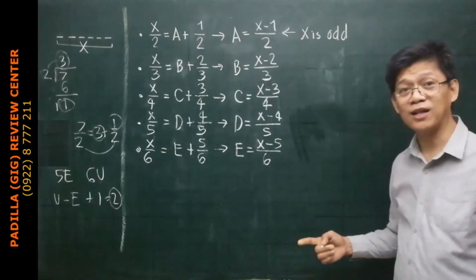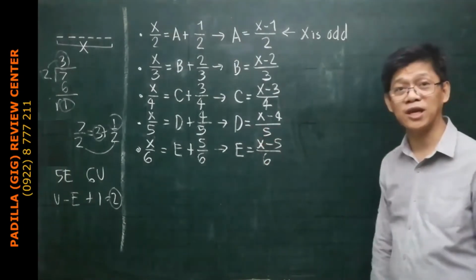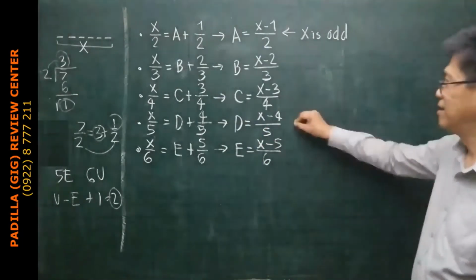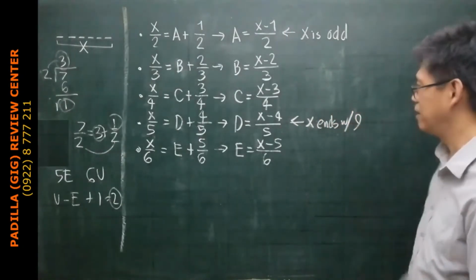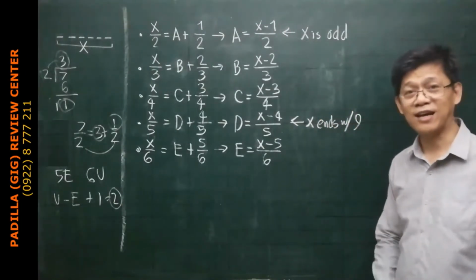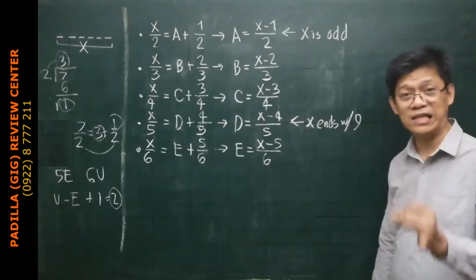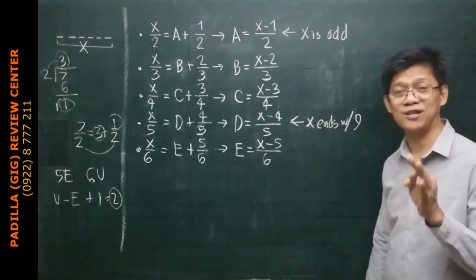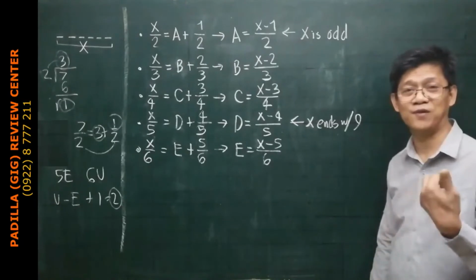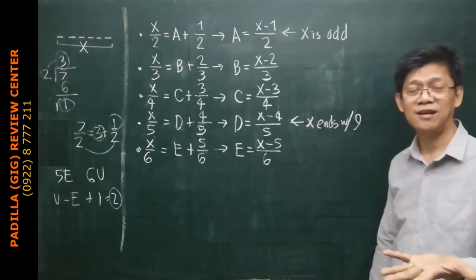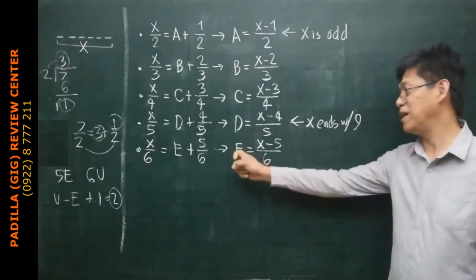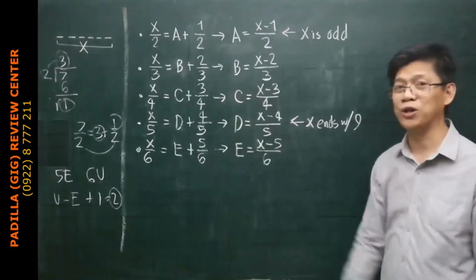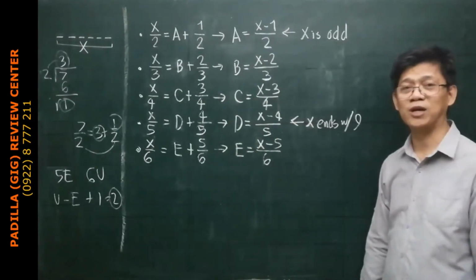Our trial values now reduce to numbers ending with 9: 9, 19, 29, 39, 49, 59, 69. The first value of x that makes E, C, and B whole numbers will be the one that we will accept.